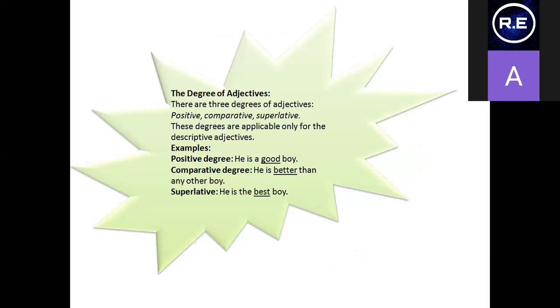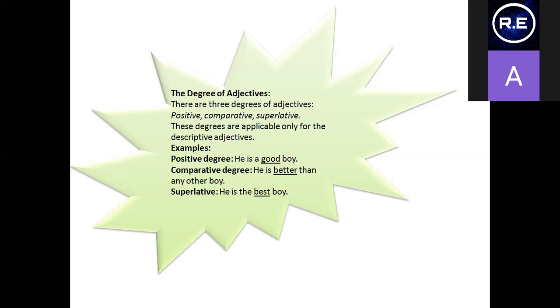He's better than this boy. He is the best. On all three, if I say good, better, or best, who am I describing? The boy. Excellent. So in all three cases, I'm describing the boy.